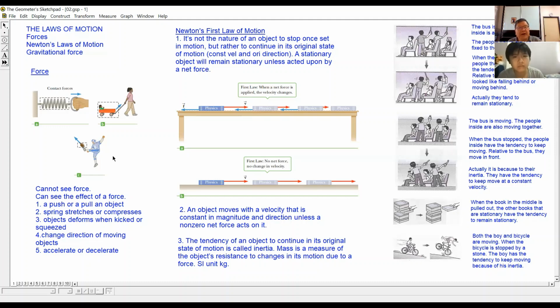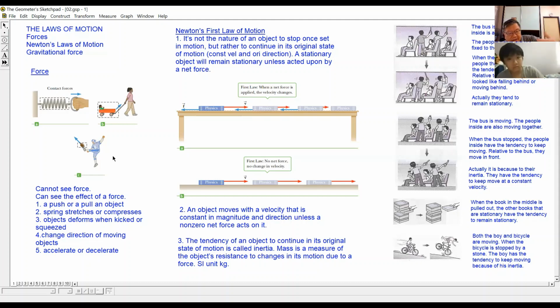When an object is moving and you apply a force, it will move faster. So when you see the object moving faster and faster, there is a force applied. Or if you see the object moving slower and slower, actually there is a force applied in the opposite direction.